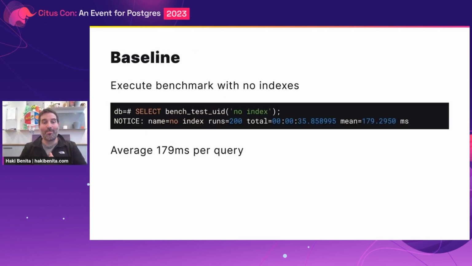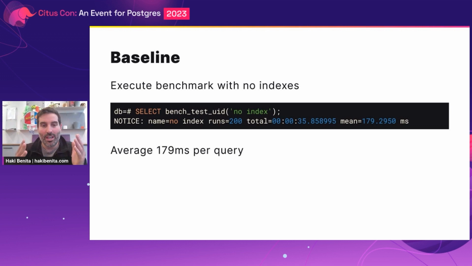To establish a baseline, we are going to run this benchmark with no indexes at all. This is what it looks like. The implementation is not very important. We basically iterate over 200 UUIDs and execute select star from the table where UUID equals something. And this is an example result.